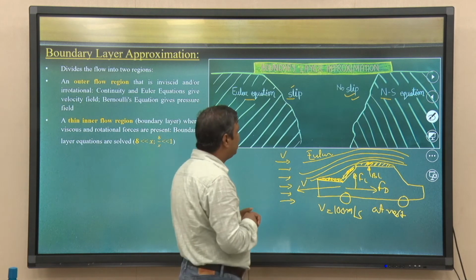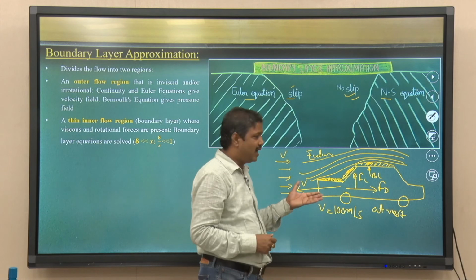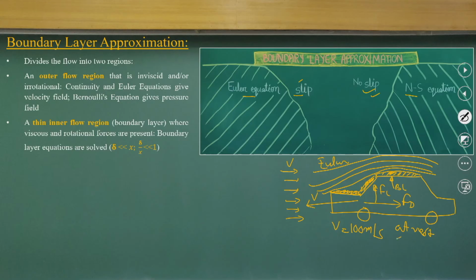This was early, before, I can say, the 1940s or 50s, when almost all the scientists tried to look for an alternative way to solve the Navier-Stokes equations: near the boundary you solve these boundary layer equations, and far away from it you apply the Euler equations.